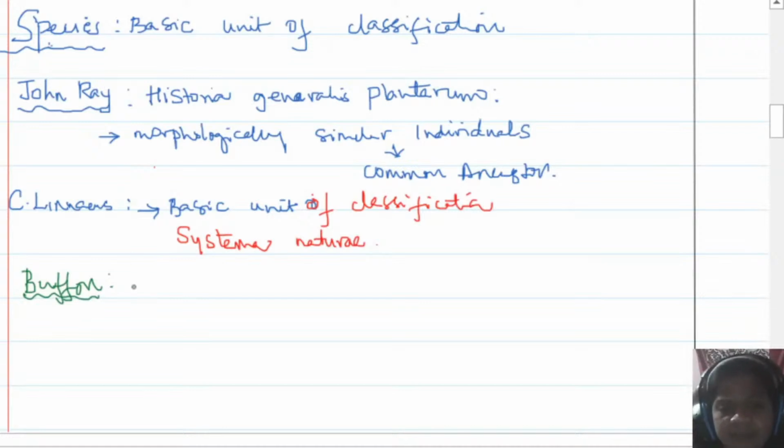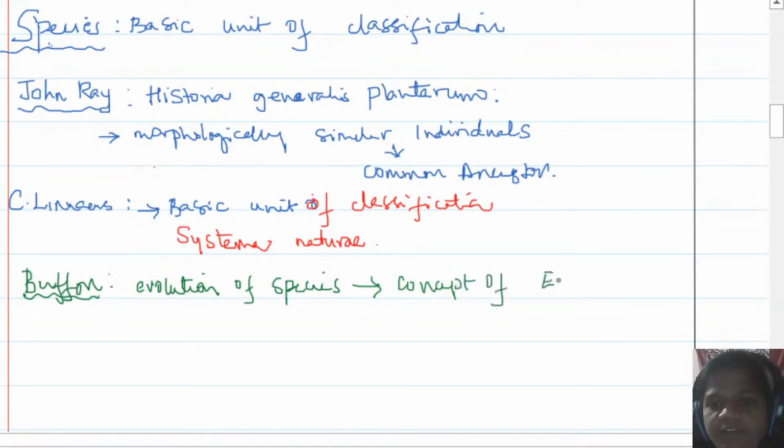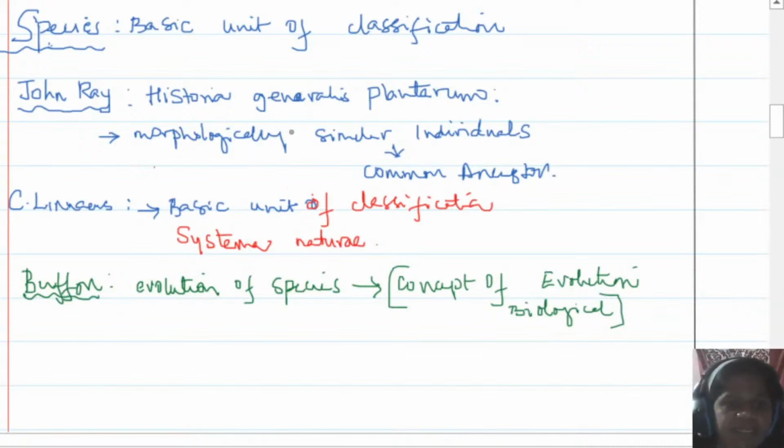Now, according to him, the evolution of species is the foundation for the concept of evolution, biological evolution. Now, this is what we understand, because before we learned, right, the species has subspecies because of the variations in them, right?